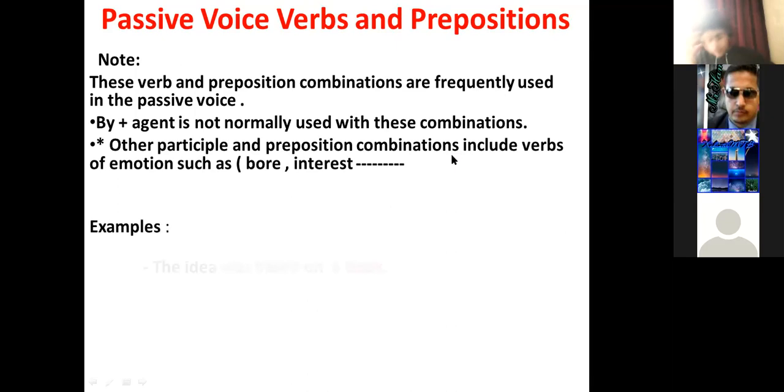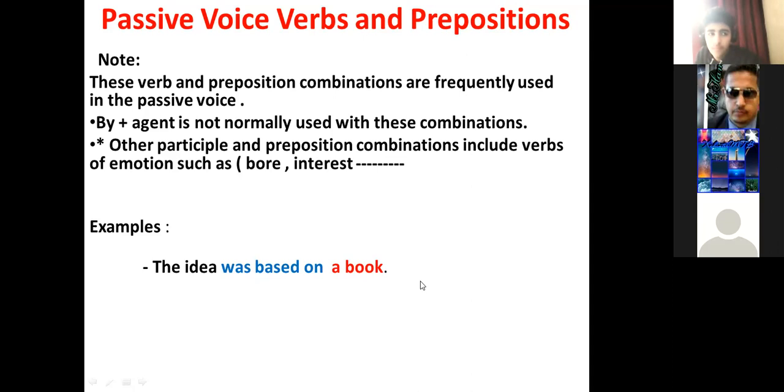For example, "The idea was based on a book." This sentence is in the passive voice. You know why? We have was plus past participle. But here there is no agent. We can't add an agent here.